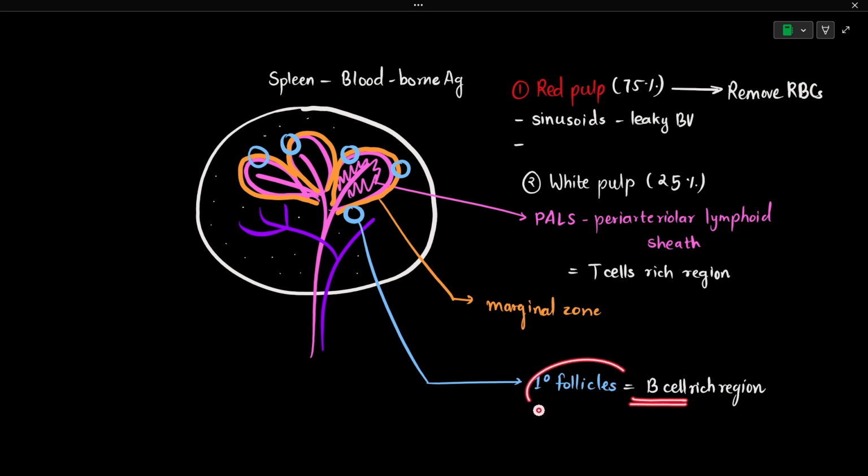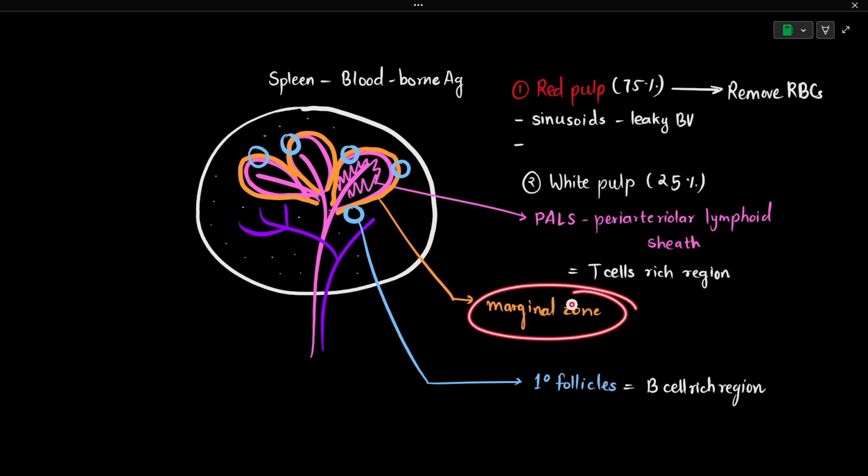Okay, so primary follicles are rich in naive B cells, whereas the germinal centers, which form from primary follicles in future, will be rich in activated B cells, the B cells that have been exposed to the antigens and are now synthesizing and secreting the antibodies. Okay, so I hope this part is clear to you all.